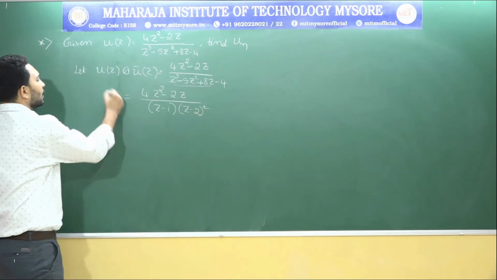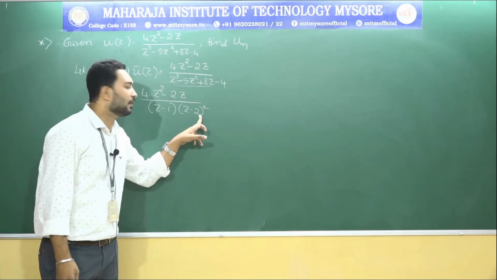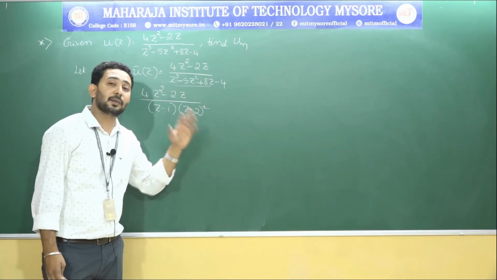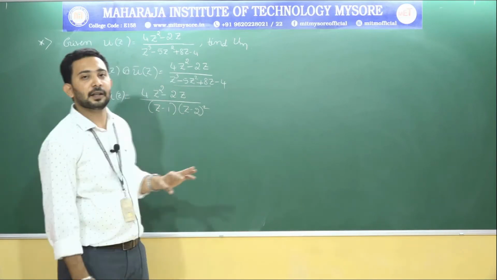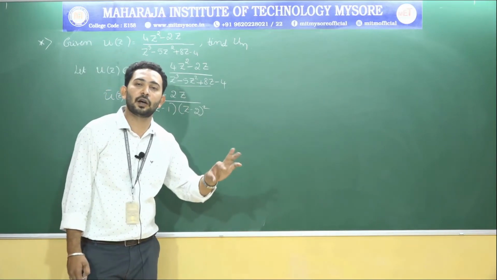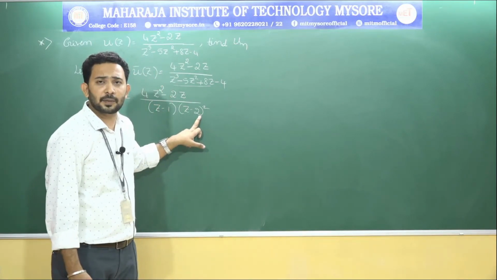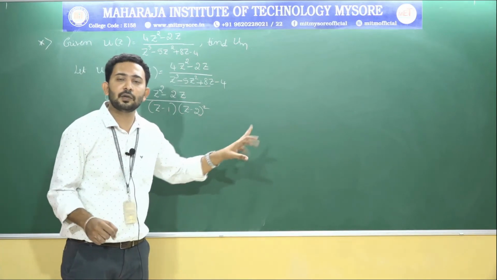This is our u bar of z. So see here we have z minus 2 whole square. I already mentioned in the previous one, if we have whole square in the denominator, then in the result we will have either n or k power n into n. We don't have z minus 1 here, we have z minus 2, so the result will be k power n into n.